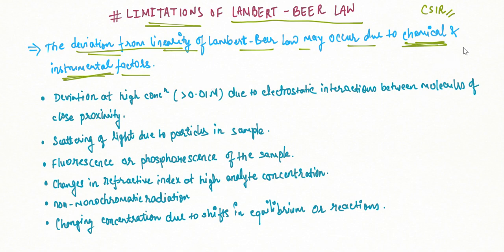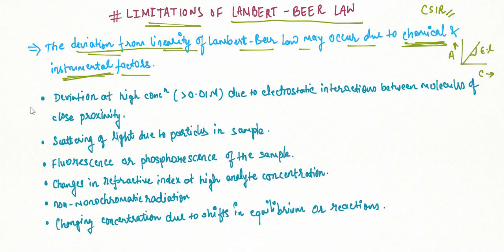We just saw in the last few slides that the graph is something like this: the absorbance, or let's say the optical density, against the concentration, is a straight line passing through the origin, and the slope is equal to epsilon L. So basically the linearity of this line will be destroyed if there are some changes like this.